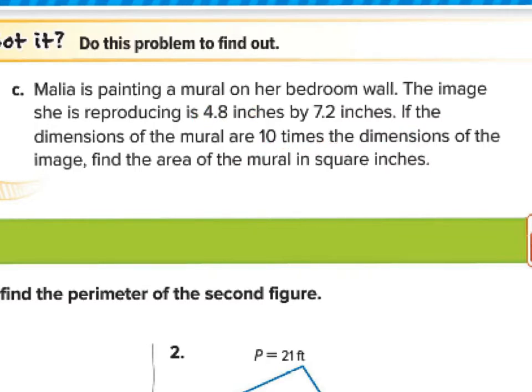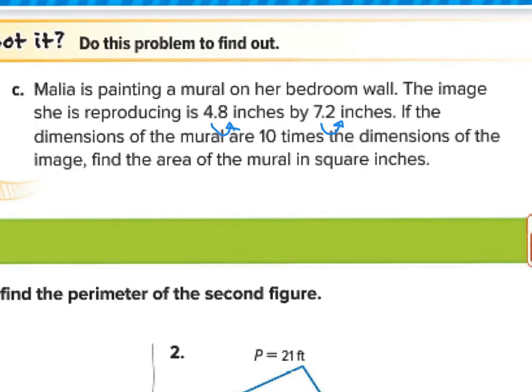So these numbers have to be multiplied by 10, and then they want us to find the area of the mural in square inches. Okay, so we can multiply each one of these by 10. When you multiply these numbers by 10, the decimal simply moves one place to the right. So now our new dimensions are 48 by 72.